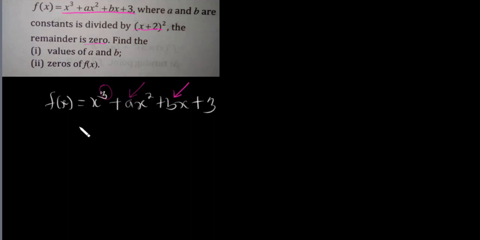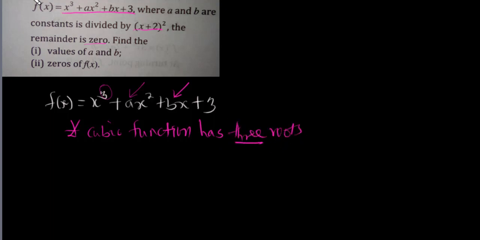So one thing that we have to note here is that a cubic function has 3 roots. So let me write that down. The cubic function has 3 roots, and of course it also has 3 linear factors.